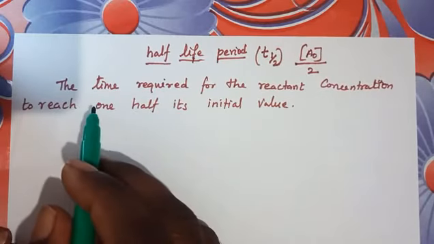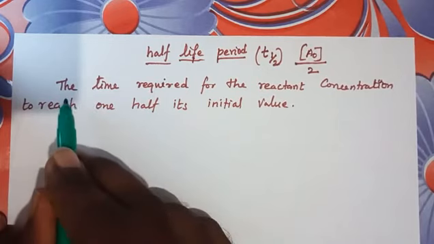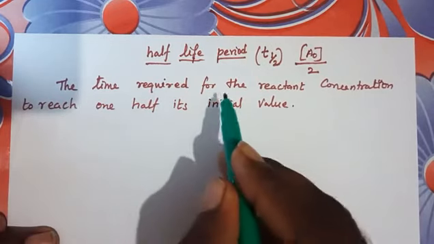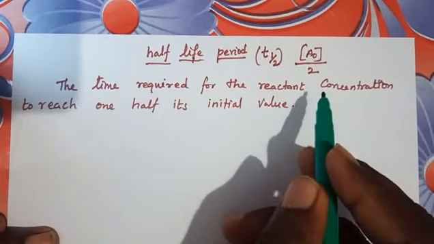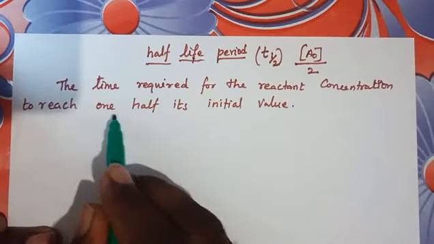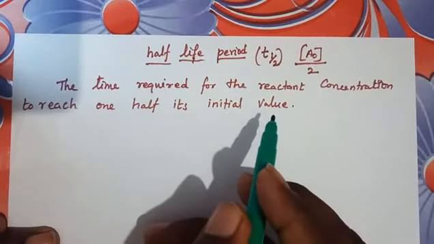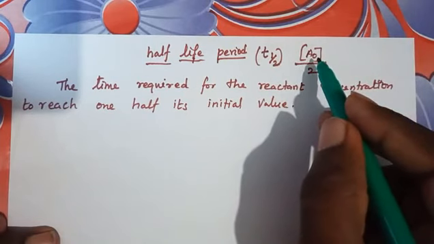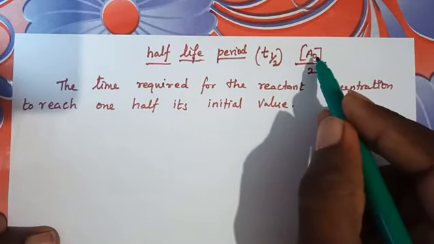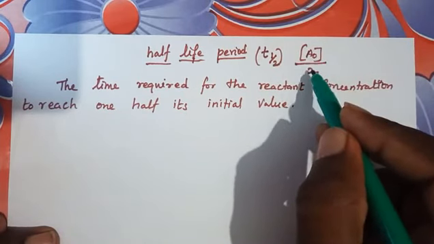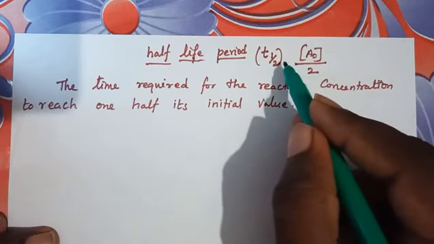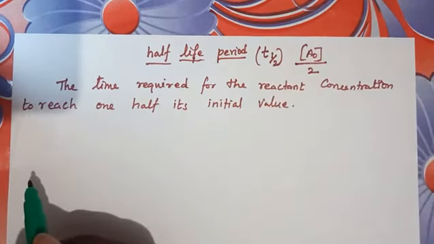The simplest definition of t half is the time required for the reactant concentration to reach 1/2 of its initial value. That means when the initial concentration A naught becomes half, at that time we note the time. It is called t half.